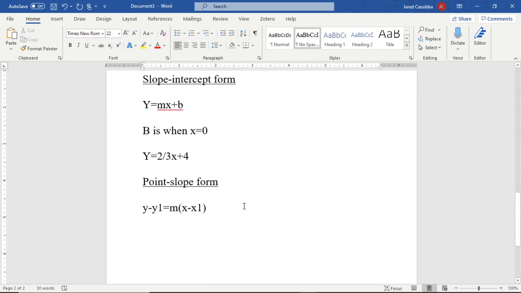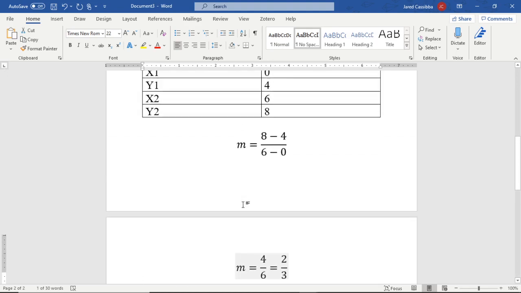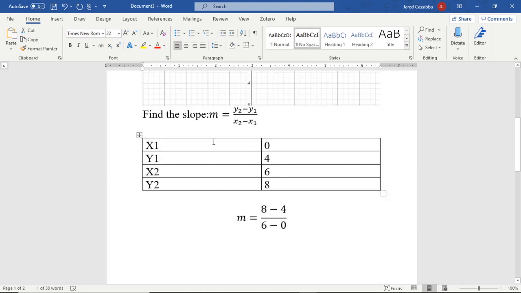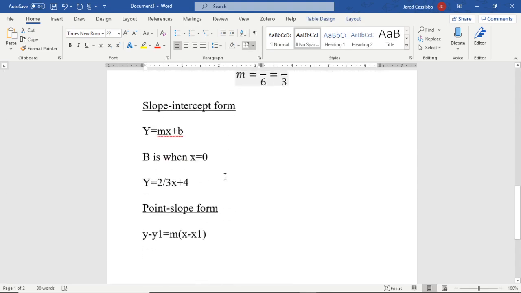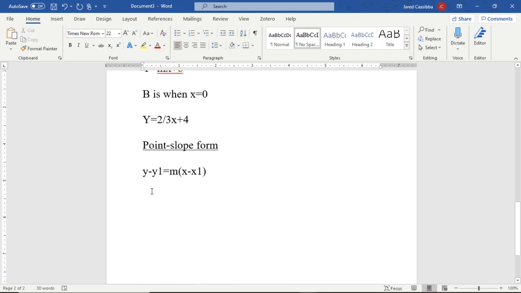The point-slope form, like I said, is a little more complicated because it uses one more number. So I need the x1 and the y1. Again, this could be any point, but I'm going to use exactly the numbers. x1 is 0, y1 is 4. Okay, so it's y minus 4 equals 2/3 times (x minus 0).